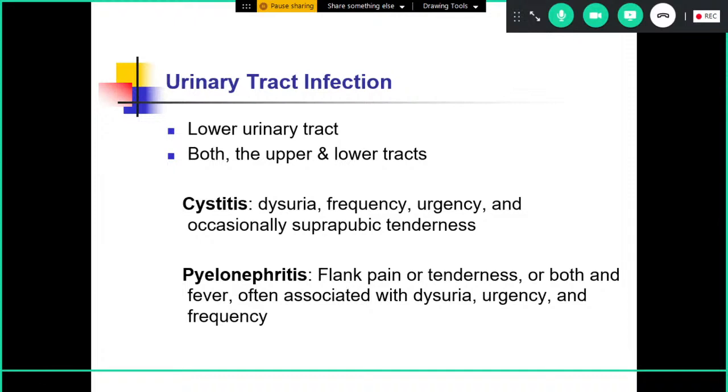And then it could be either involving both the upper and the lower tracts. So cystitis clinically presents as dysuria, frequency, urgency, and occasionally suprapubic tenderness. Whereas pyelonephritis presents as flank pain or tenderness or both, and fever often associated with dysuria, frequency, and urgency.